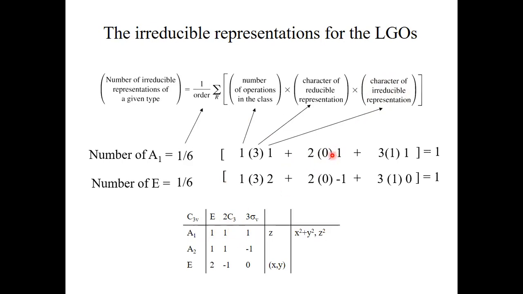Okay, last but not least, we need to determine the term for the sigma V symmetry operations as well. So what is in this case the number of operations in the class? You see that in this case we have 3 operations in the class, because we have 3 sigma V mirror planes. So the number is 3. We have to multiply this with the character of the reducible representation.